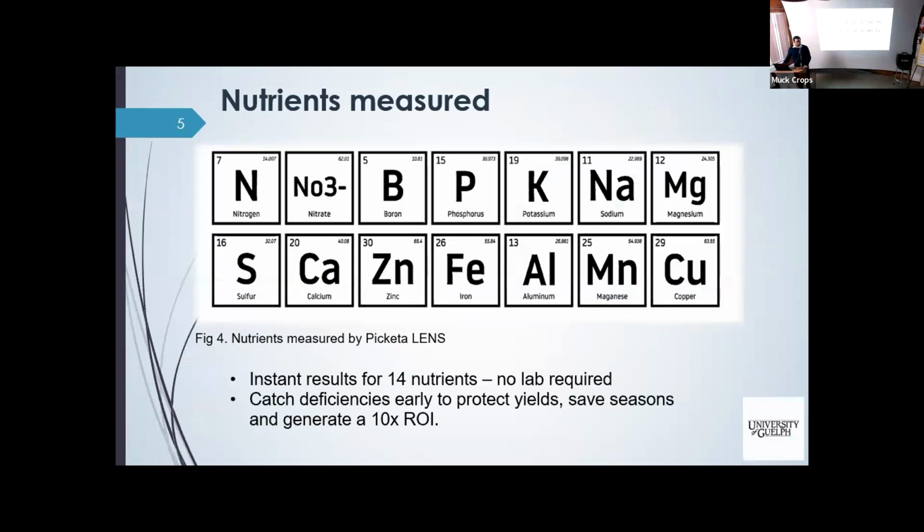Currently the Piquetta LENS is able to give results for 14 nutrients. Although not all crop models have all 14 nutrients trained, for the onion crop that we are working on, 12 of these nutrients are already trained.